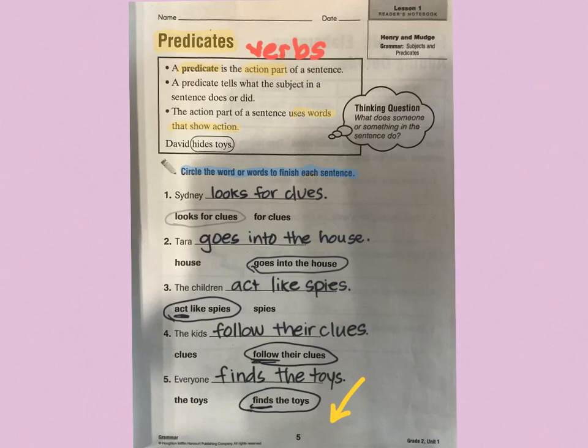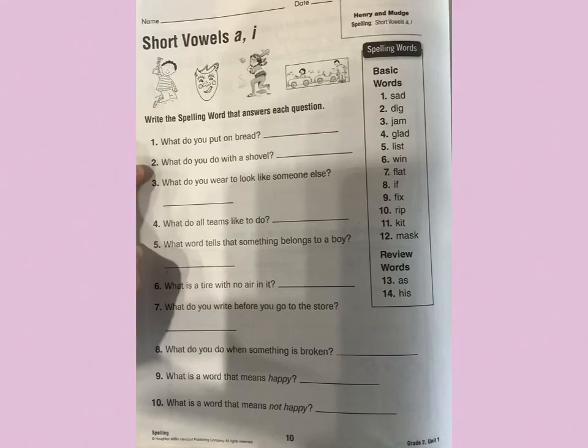Yesterday you guys found subjects. Now as an optional thing, which means you or your parents can decide if you want to do it or not. It's not required. You can complete page 10 that reviews short vowels A and I. And it has over on the side your spelling words plus a couple extra words.